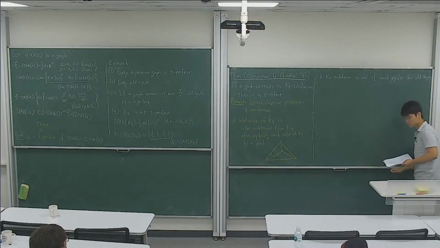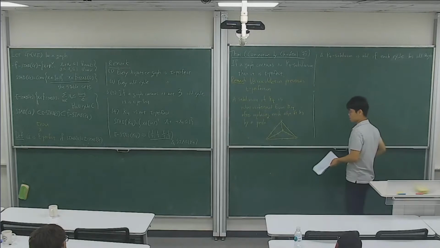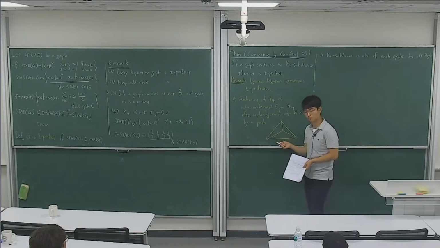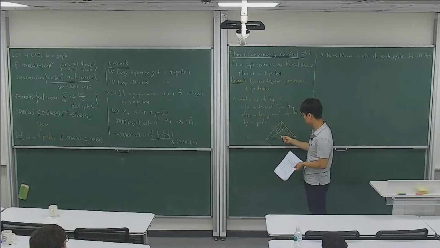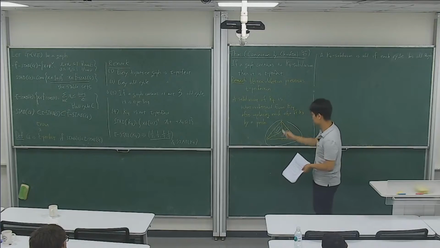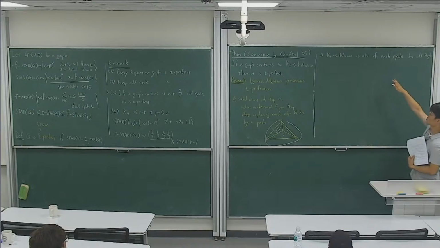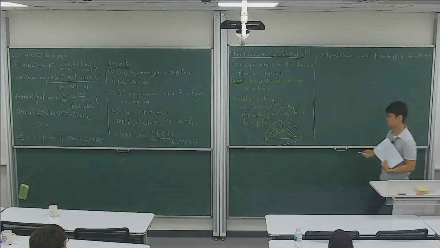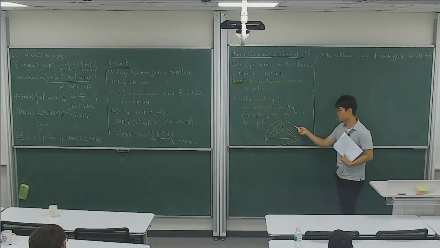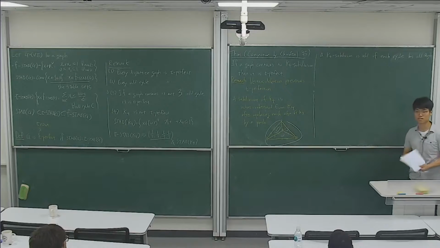So basically, a K4 subdivision has four cycles, 1, 2, 3, and 4. You call this K4 subdivision an odd K4 subdivision if each of these four cycles has odd length. Okay.